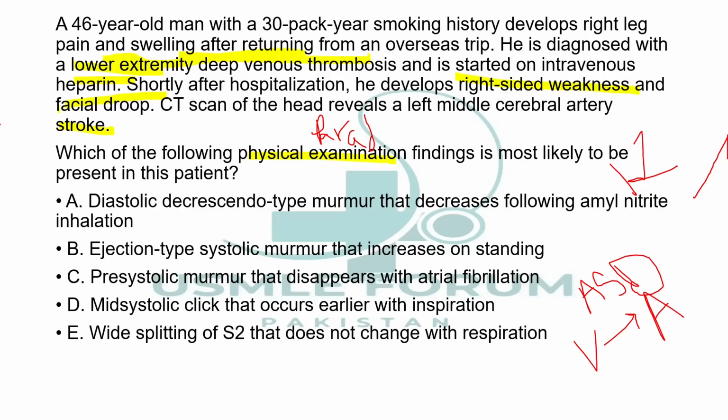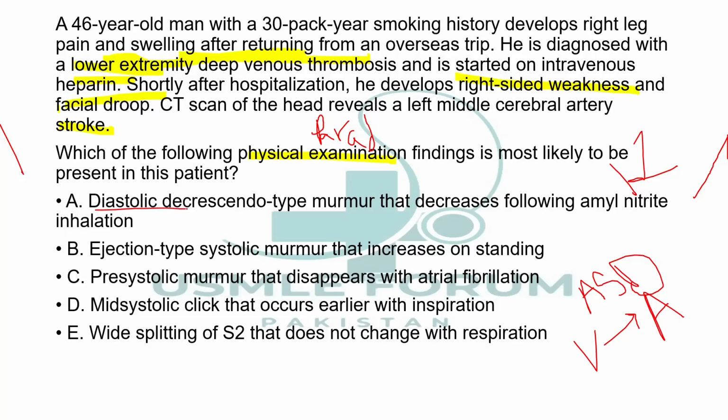Next, what you need to know is the finding of ASD when the heart is auscultated. That is what you need to know. So going through these options, the diastolic decrescendo type murmur.